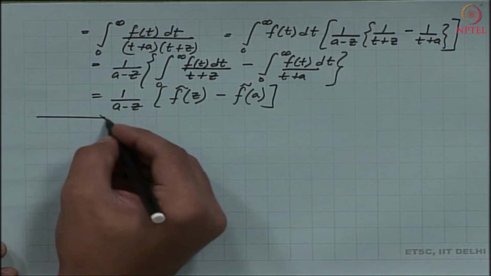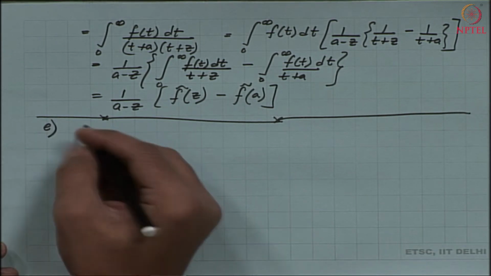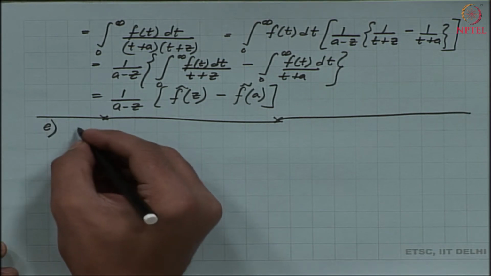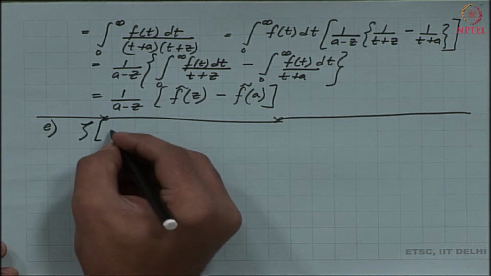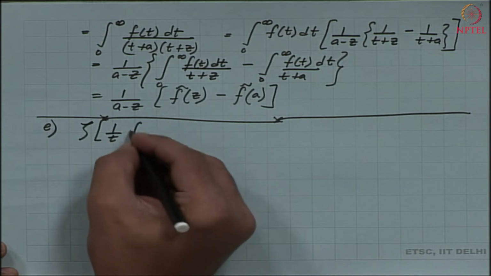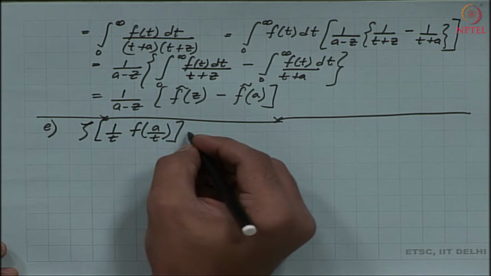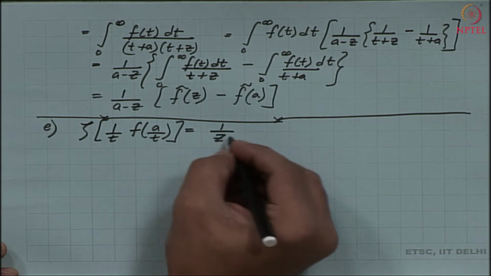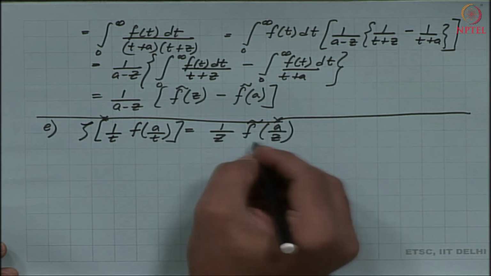Okay, so, moving ahead, I have another result which shows that the Stieltjes transform of 1 by t f of a by t is 1 by z times the Stieltjes transform of a by z.